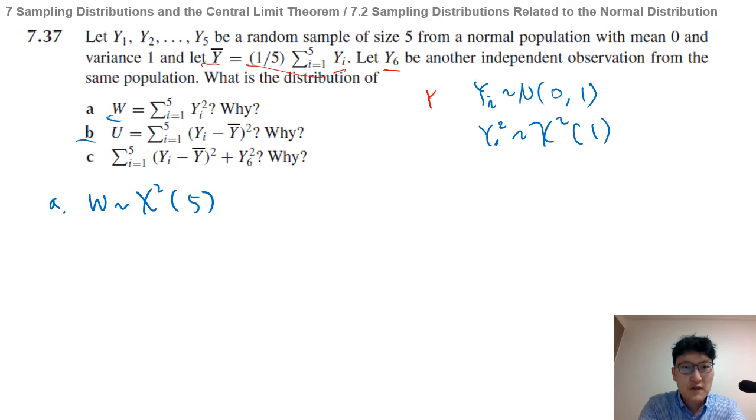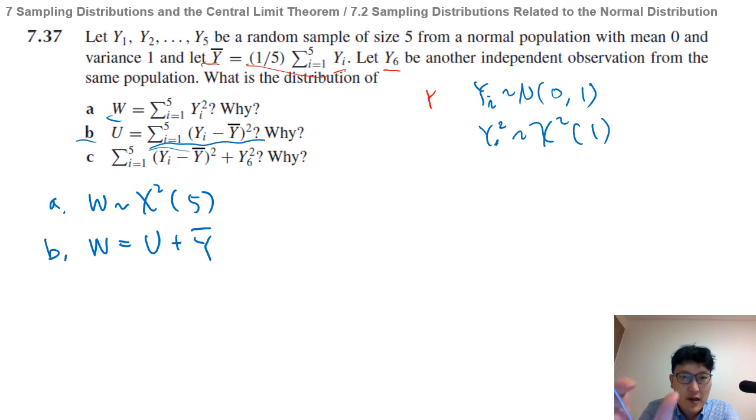Okay, let's move on to number B. U equals this thing. What is the distribution of U? Actually, you can write it this way: W equals U plus Y bar. If you write this down, U is this thing plus Y bar, then you can easily check that W can be represented as U plus Y bar.